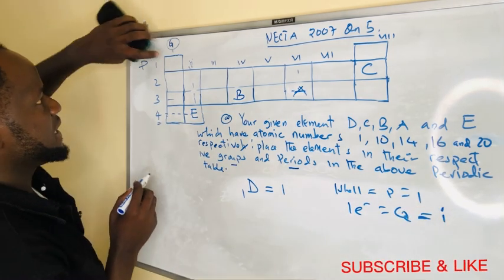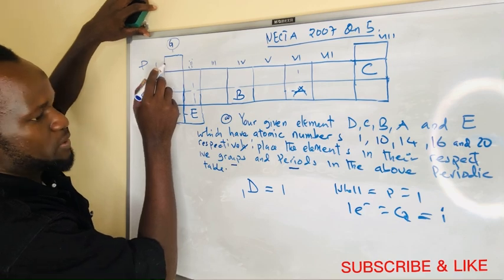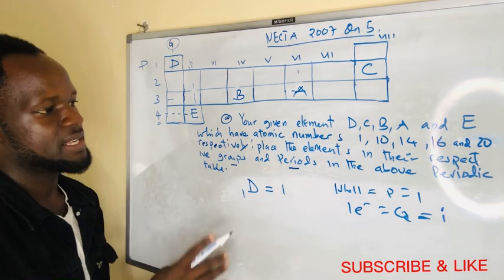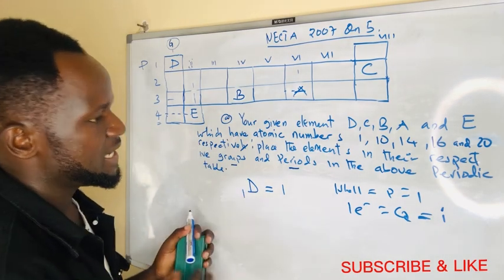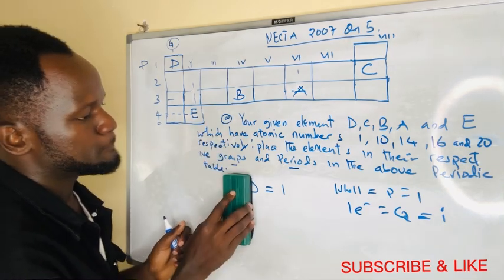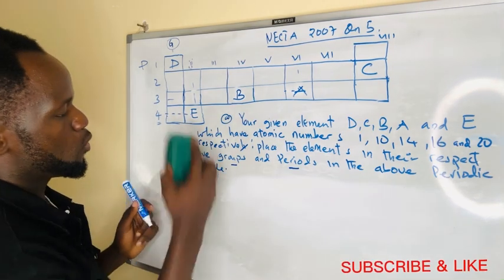So group 1 is here and period 1, the same, is here, so we are supposed to put letter D. You see, by using electronic configuration, it is easy for us to determine the group and period of each element. Let's see question B.